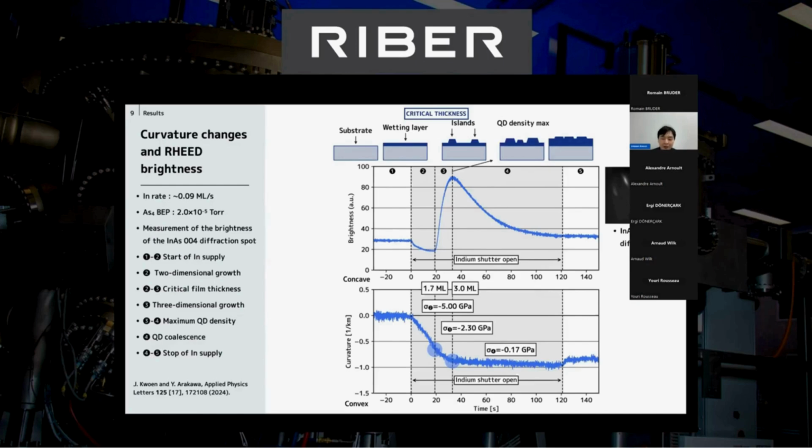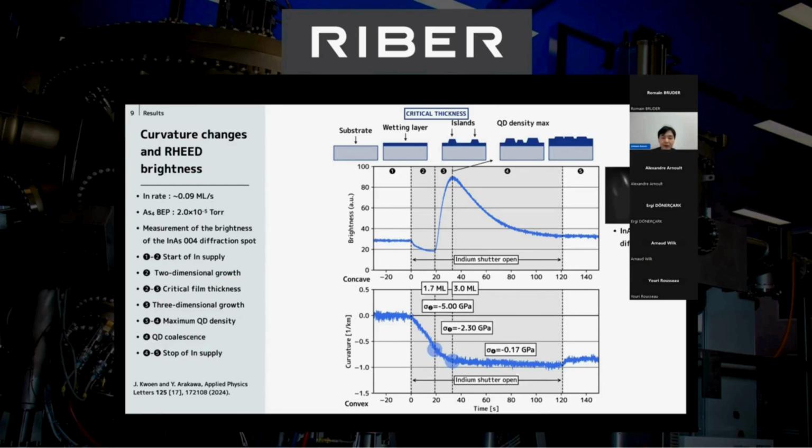This point is the max, indicating the max density of the quantum dots, and then it decreases like this. At this stage, the peak means the point of the density maximum, and then it transitions to the quantum dot coalescence formed on the top of the substrate.